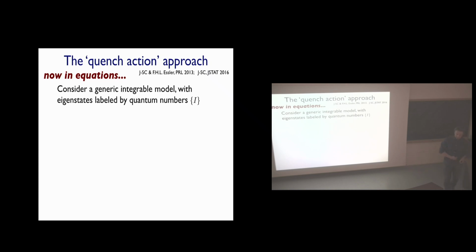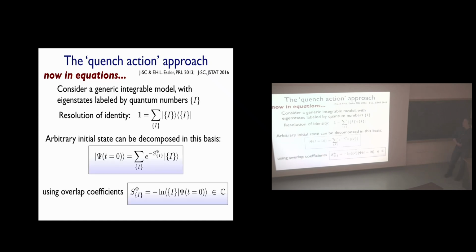And in this model, I've got eigenstates. And for these eigenstates, I've got labels. These labels are these quantum numbers, these occupations that I define. Therefore, I can write a resolution of the identity operator in my Hilbert space as a strict summation over every single eigenstate available to me.